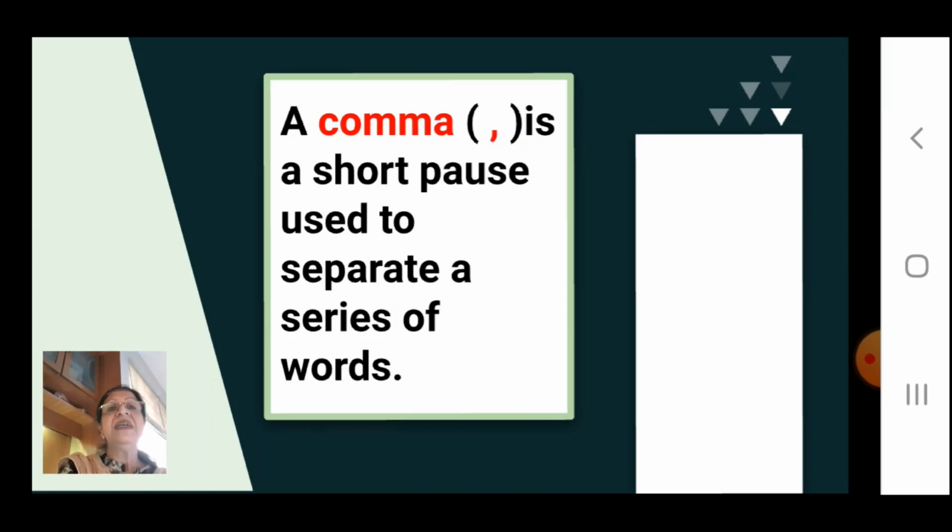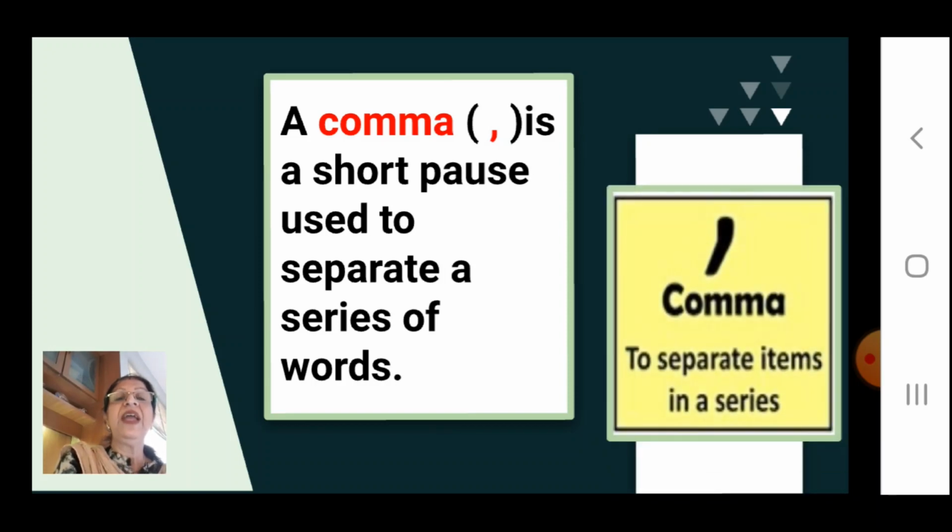A comma is a short pause used to separate a series of words. You saw there were so many words, so we had to separate them with a comma. C-O-M-M-A, comma. So again, comma is used to separate items in a series.